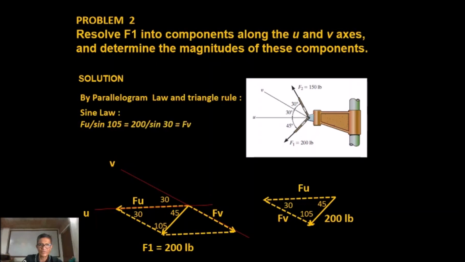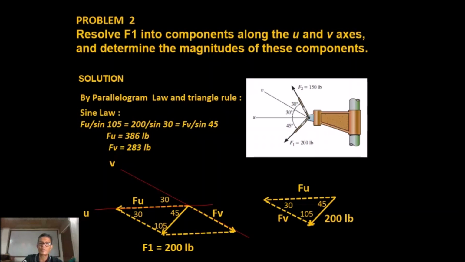So by sine law, makikita nyo we have Fu over sine of 105, okay? Opposite of Fu is 105. And that is equal to 200 over sine of 30, as well as Fv over sine of 45. So we can solve for Fu, and Fu is equal to 386 pounds, and Fv is equal to 283 pounds.